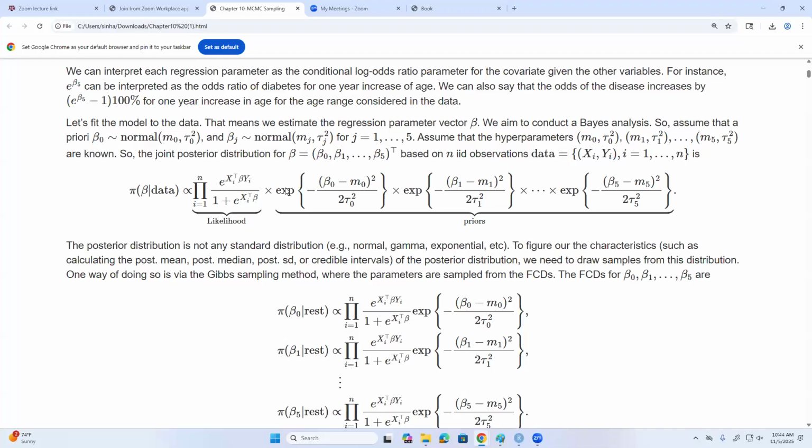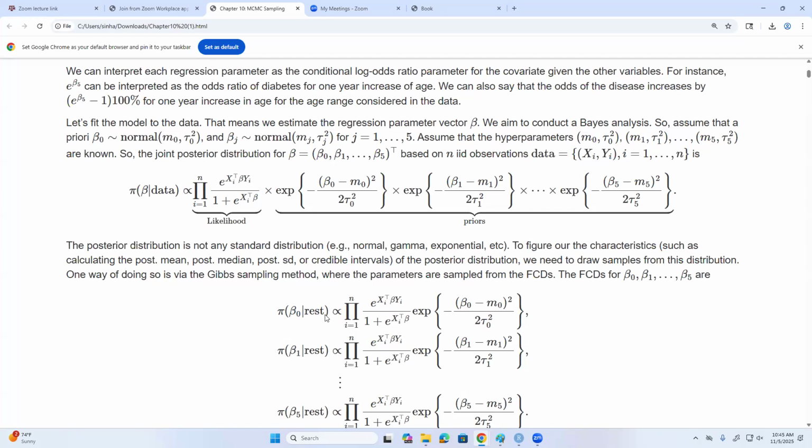So to figure out the characteristics such as the posterior mean, median, or any characteristics of the posterior distribution, we need to draw samples from this complex posterior distribution. And one way of doing so is via Gibbs sampling. How do you sample all components of beta from the joint posterior distribution? You draw beta sub 0 given the rest of the parameters from its full conditional distribution.